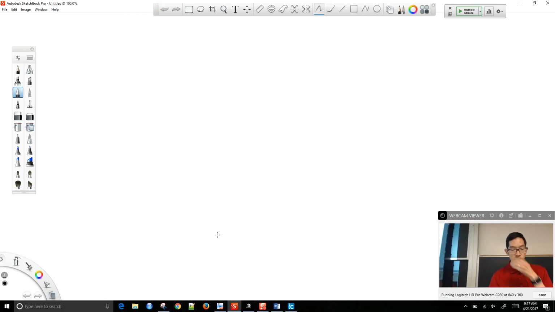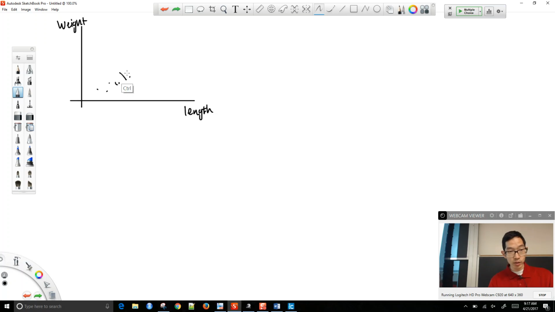Okay, so you can switch the variables between x and y if you want. So let's say you have length over here and weight over here, and you got some kind of trend line here, for whatever it is, snakes.